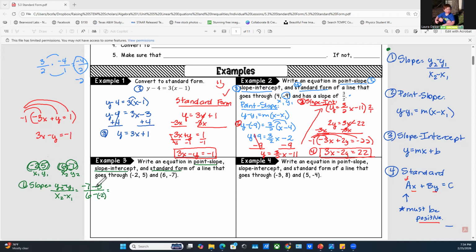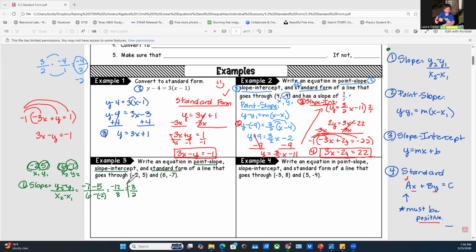So that is -7 minus 5, that's -12. 6 minus a -2 is going to be like adding 2, so that's 8. Our slope, we can reduce this, is going to be 3 halves, and it's a negative. Okay, so we got -3/2 as our slope.